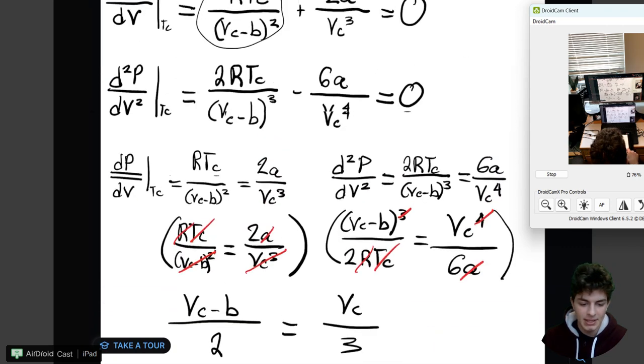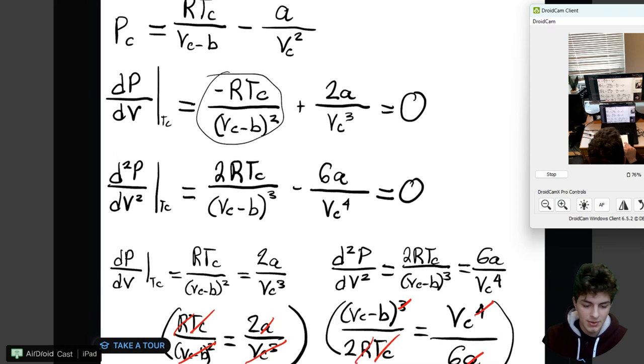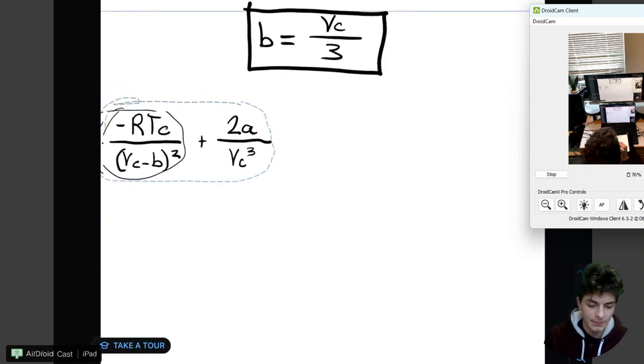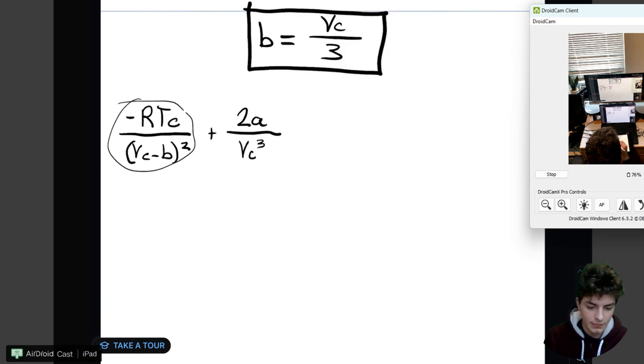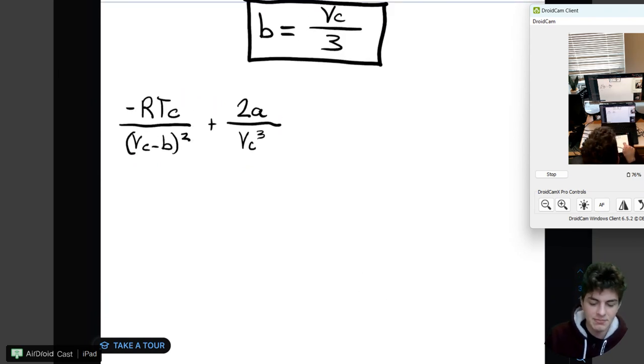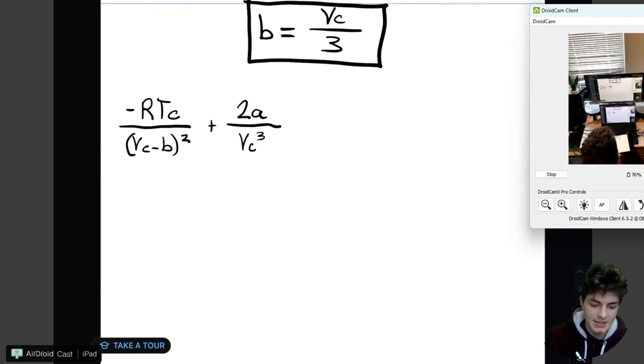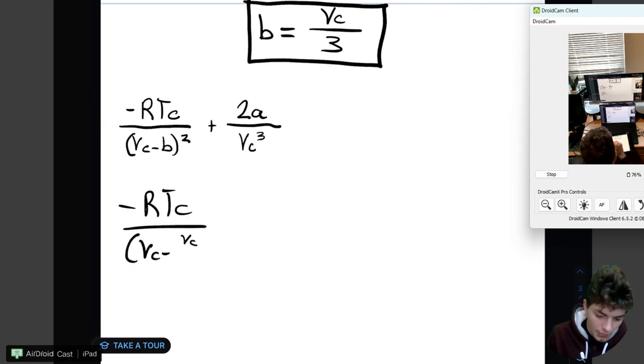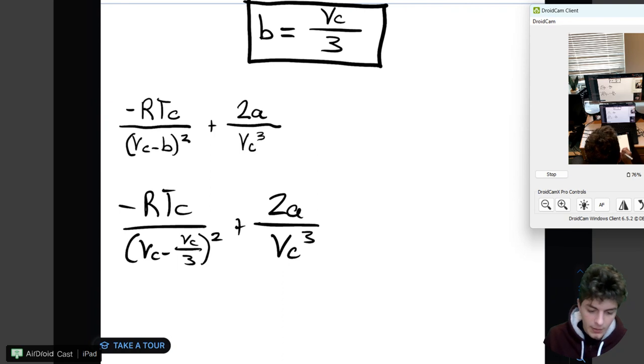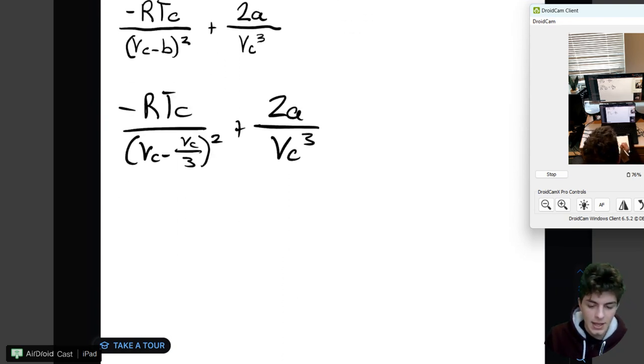I'm actually just going to plug that back into the first derivative equation. So let me copy down this equation here for the first derivative. And now let's plug in our new term for VC over 3 being equal to B. Let's start doing some of the math here.